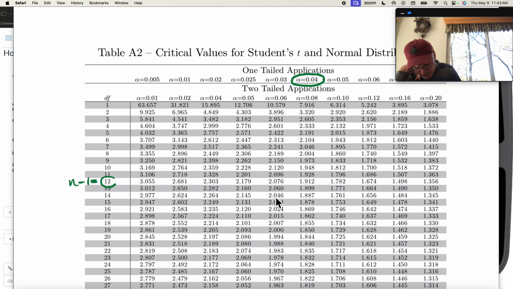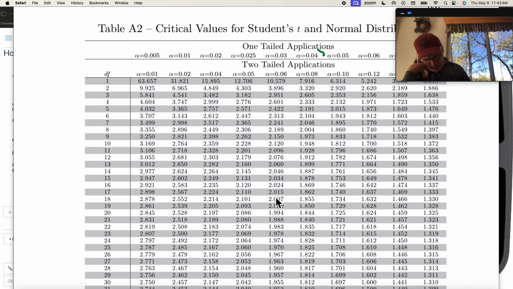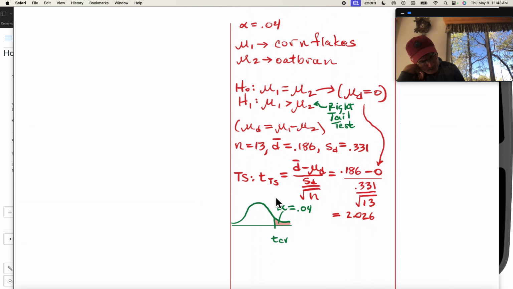That's our degrees of freedom. And then this gives us our requirement for statistical significance. 1.912 is the number of standard errors required for statistical significance. 1.912. I'll go ahead and clean this up. And just to note what we've got here, the T critical value will be 1.912.